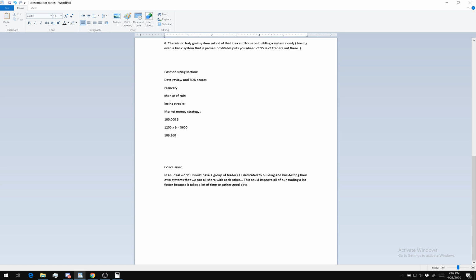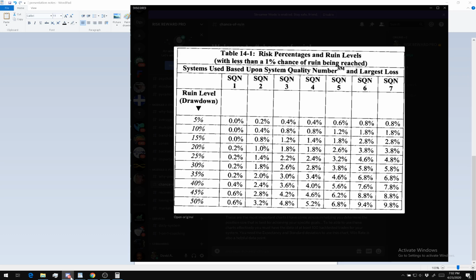So what this does is, if we're at $100,000 or less, we will never risk more than 1.2%, because 15% is our maximum level that we can handle.